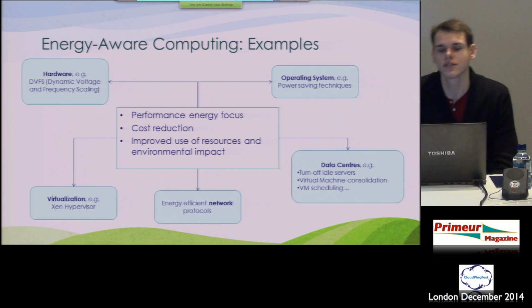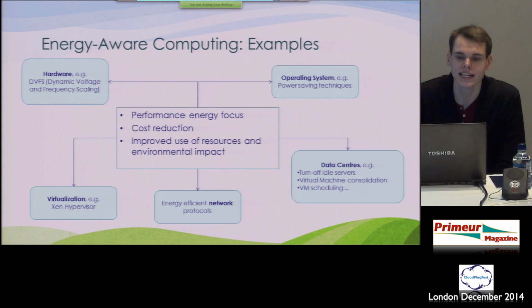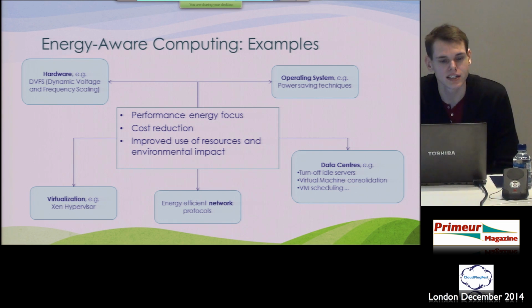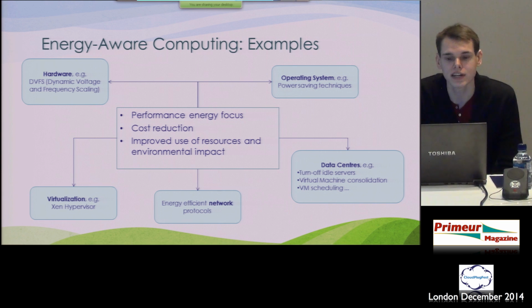So the data centers are using energy, but whereabouts are we trying to tackle energy awareness and reduce that energy consumption within the data center? In this slide, there's a couple of examples of different strategies. So at the hardware level, people have invested a lot of money, Intel, for example, in dynamically scaling voltages and frequencies of CPUs, and the increasing emphasis on power-saving techniques in operating systems.